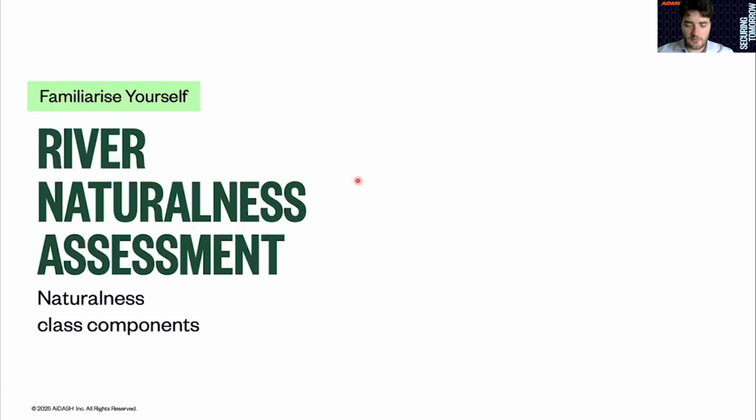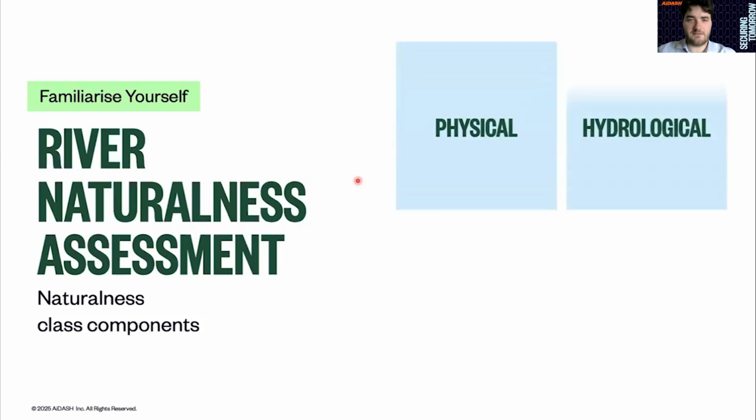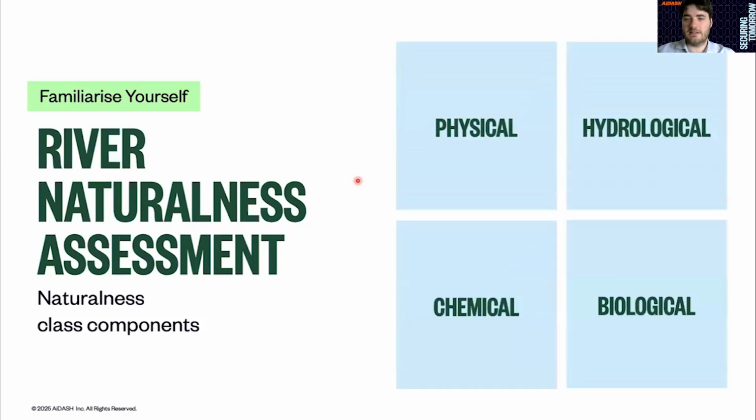Having a general understanding is better than none. The aspects of the river that are considered are the physical aspects, the hydrological aspects, chemical aspects, and the biological aspects. Together that is ranked out of 5 to determine whether something is more or less natural. And rivers that are highly natural should be considered to be priority habitat rivers.